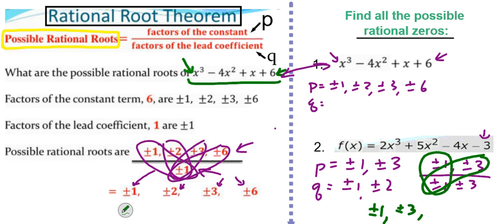Now we have to see what happens if we use the plus or minus 3. So plus or minus 1 over plus or minus 3 is going to be plus or minus 1/3. And then plus or minus 3 over plus or minus 3 is still going to give me plus or minus 1. So here's the deal. We can't always tell when we're looking at a polynomial what the zeros are.